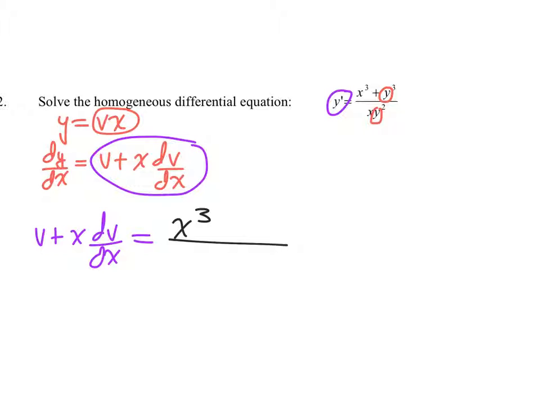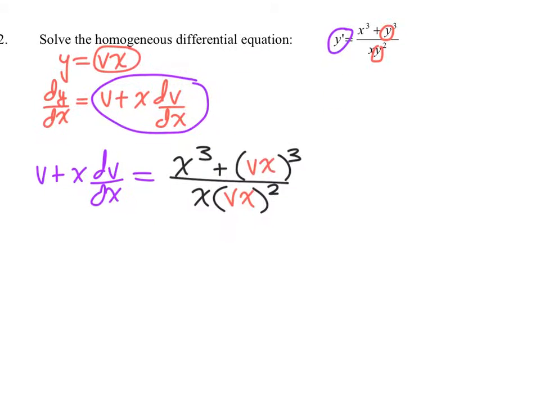All right, so we're looking at x cubed plus the equivalent of y cubed, x, the equivalent of y squared. So the equivalent of y is vx. And you'll see in a sec, this is shockingly simple by comparison. So we're looking at x cubed plus v cubed x cubed over v squared x cubed.